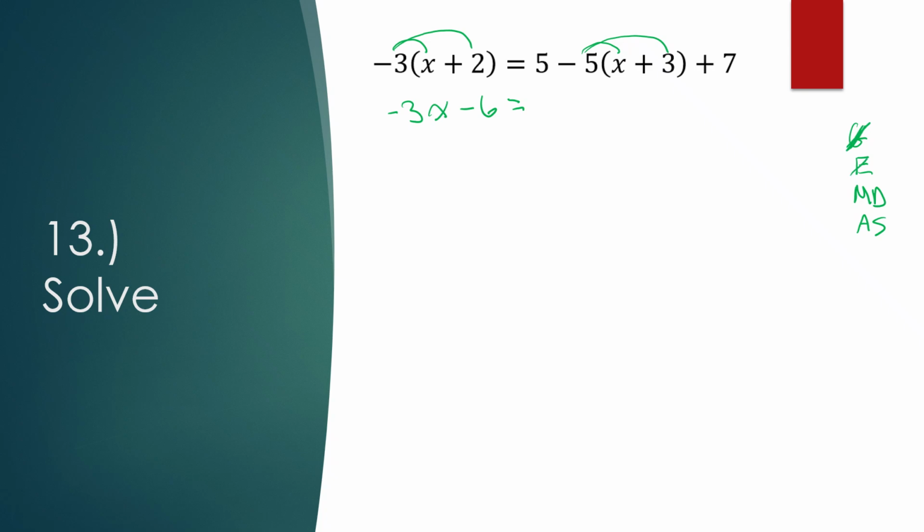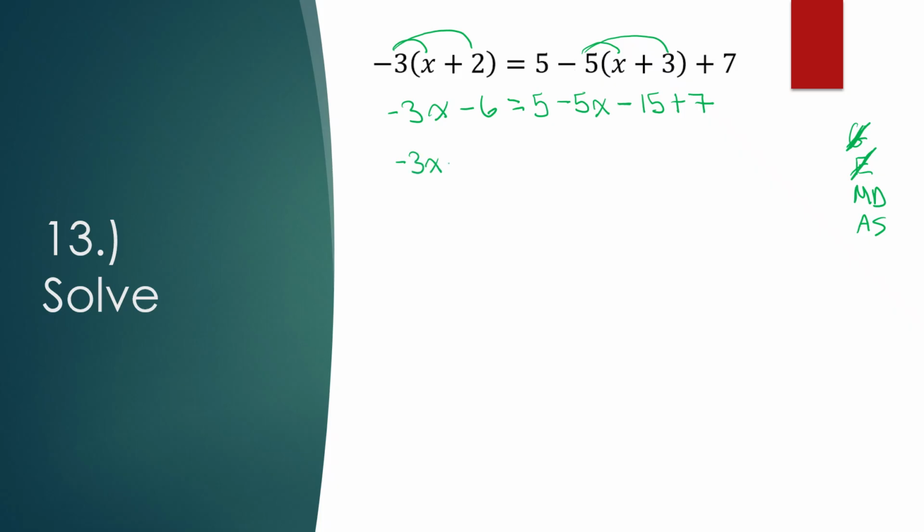I didn't have exponents, but I do have multiplication in the form of the distributive property. So I'm dropping down the 5 minus 5x. Negative 5 times positive 3 is negative 15 plus 7. The left-hand side are not like terms, so I can't do anything else there.